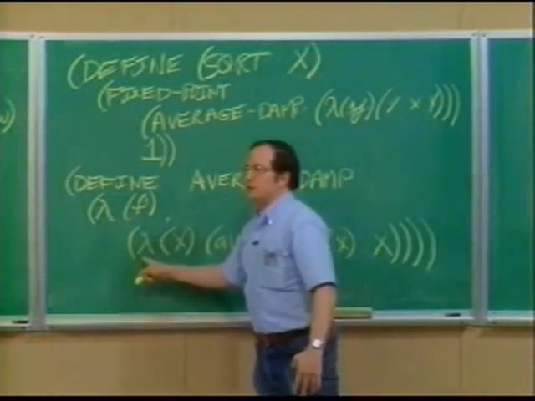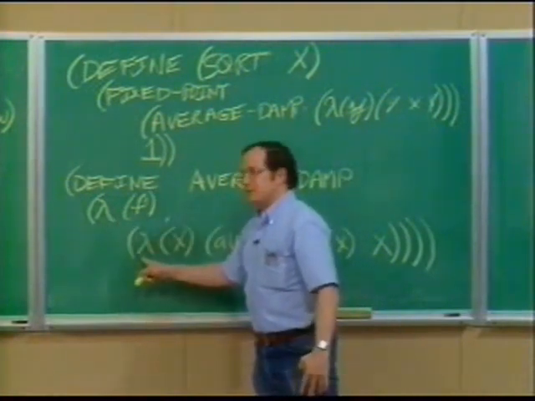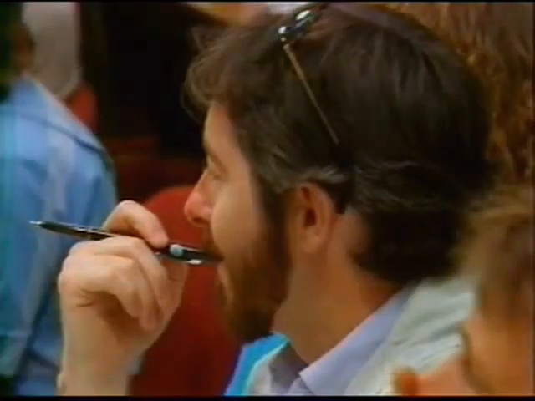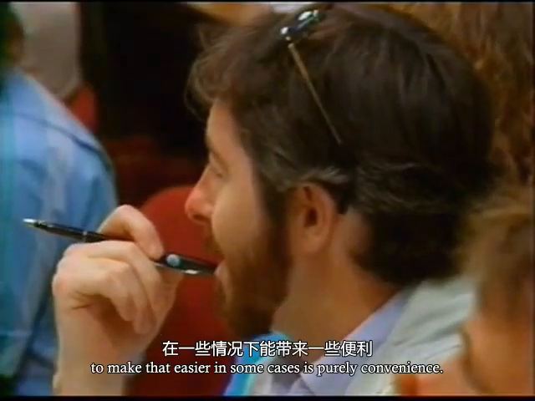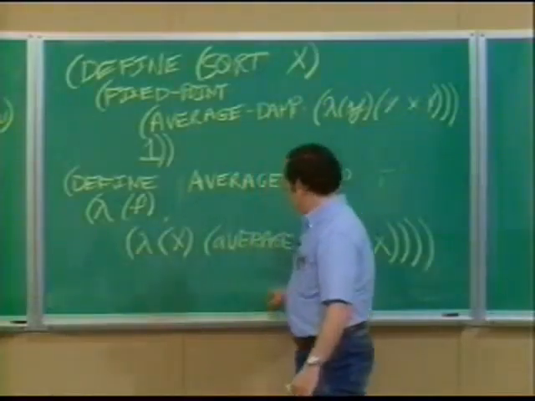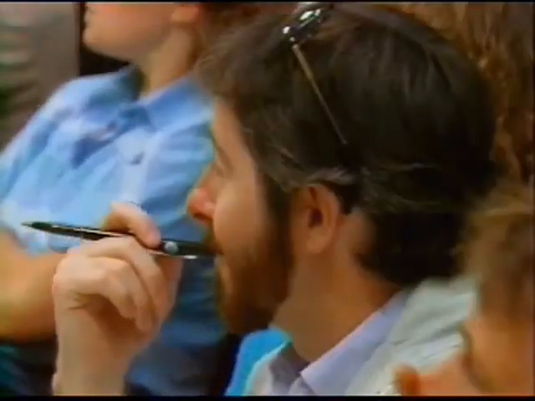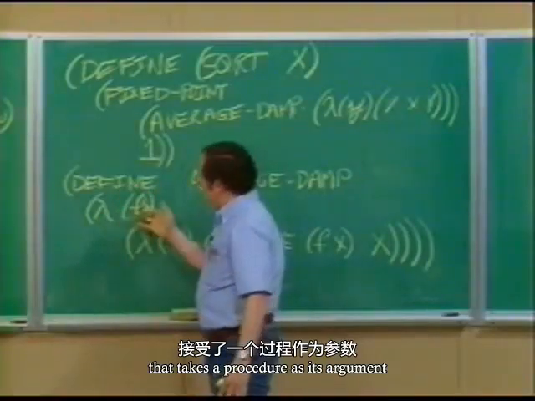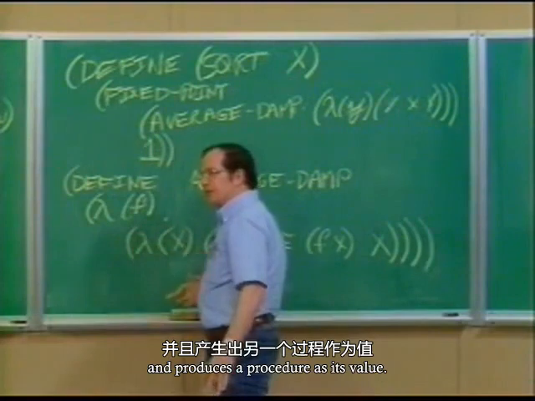Here is the value for it. There happens to be a funny syntax to make that easier in some cases. It's purely convenience. But the reason why I wrote it this way here is to emphasize that I'm dealing with a procedure that takes a procedure as its argument and produces a procedure as its value.